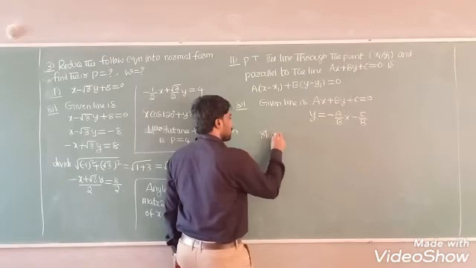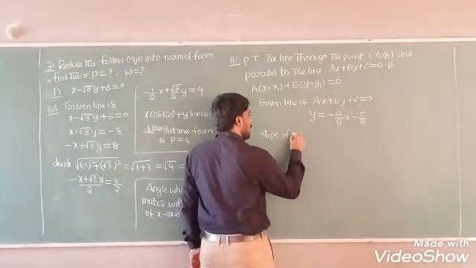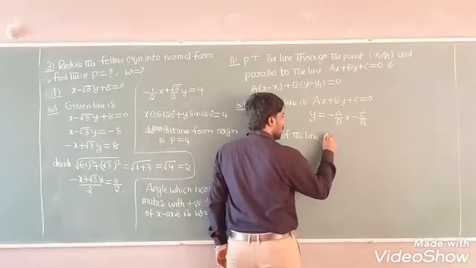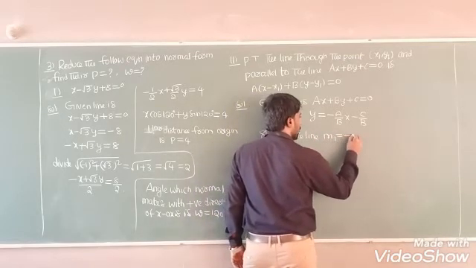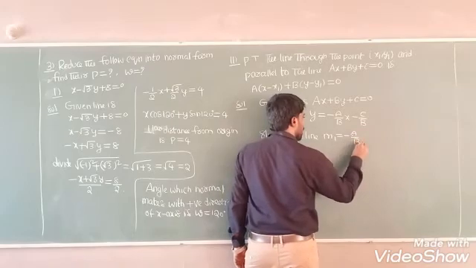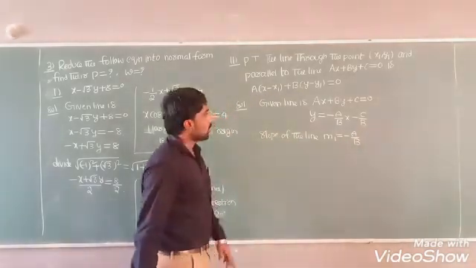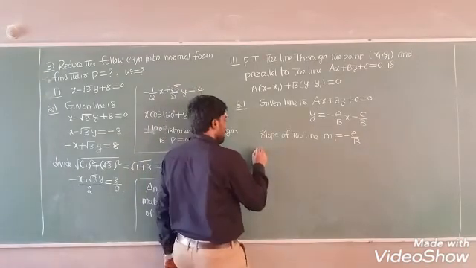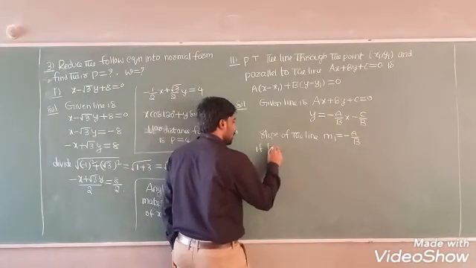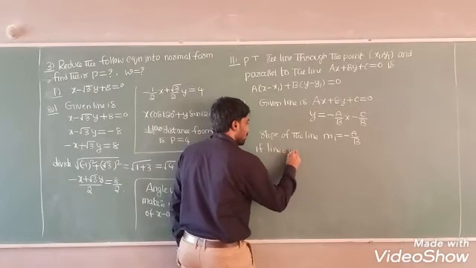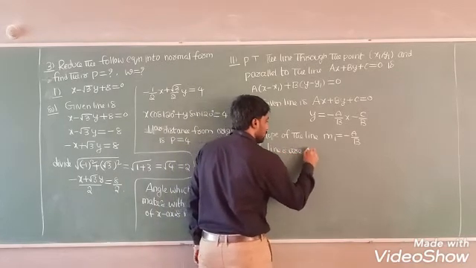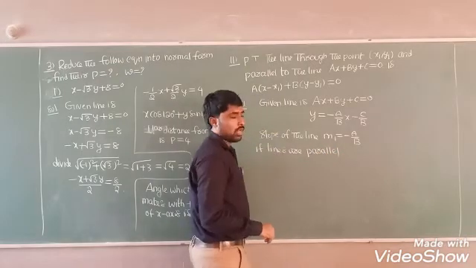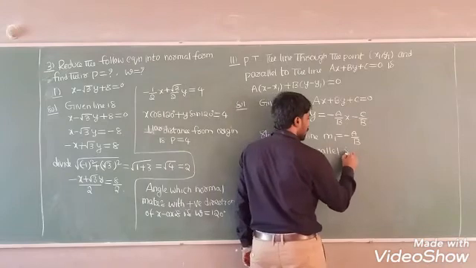Slope of the line m1 equal to minus a by b. Now the two lines are parallel. What is the condition? If lines are parallel, slopes are equal.